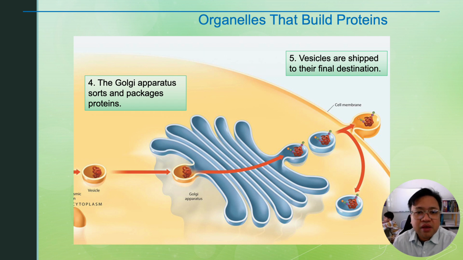In summary, vesicles play a key role in protein transport, acting as carriers that deliver materials between organelles like the rough endoplasmic reticulum and the Golgi apparatus, and finally to their ultimate destination. This process is yet another example of the highly organized and precise functioning of cells.